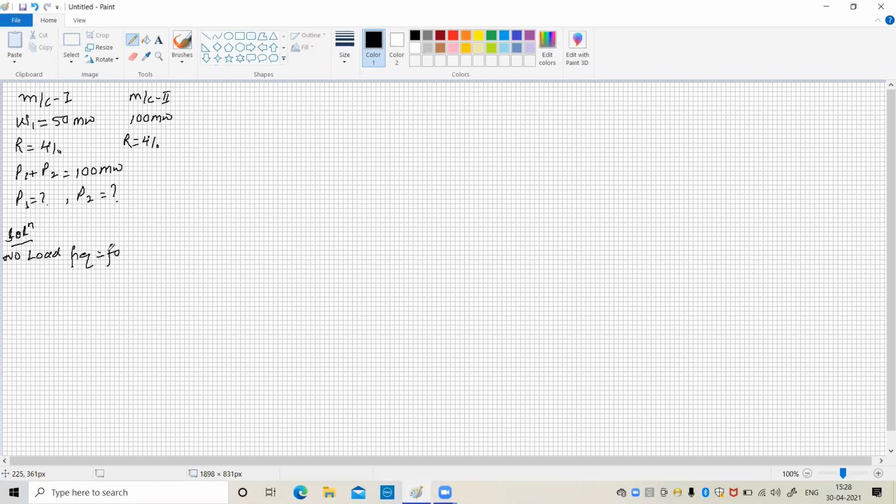The drop in frequency for machine 1 is equal to 4%, that is 0.04 F0.